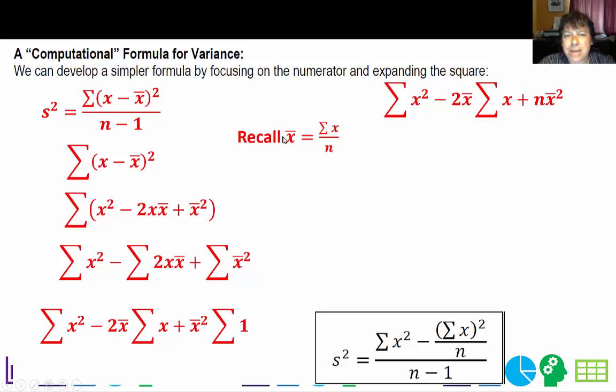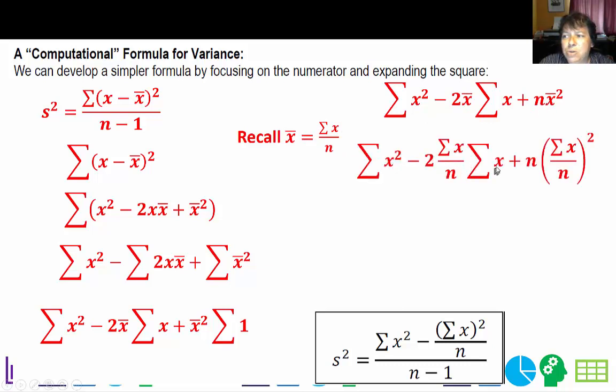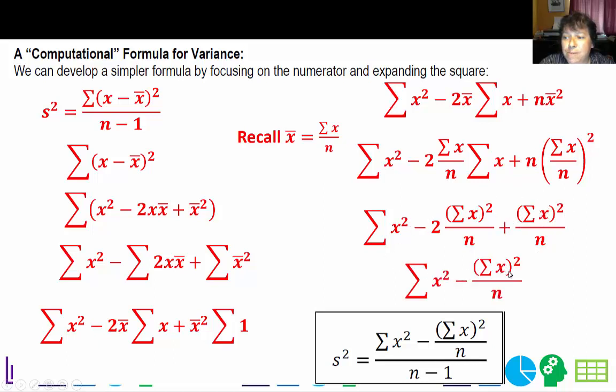You can remember that x bar is just the sum of x over n. So I can actually substitute that in for x bar here and here. And multiplying all this out, believe it or not, I'm going to get minus 2 times the sum of x squared over n plus 1 times the sum of x squared over n, which means that I end up with minus 1. Divide that by the original n minus 1, and I get what's called the computational formula.